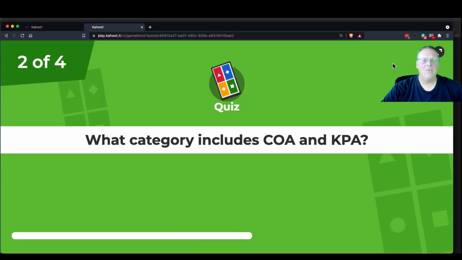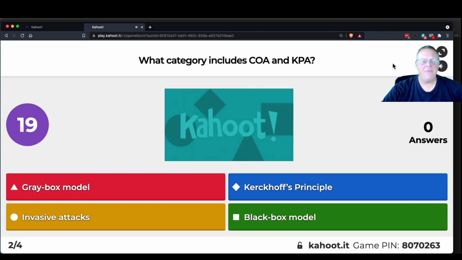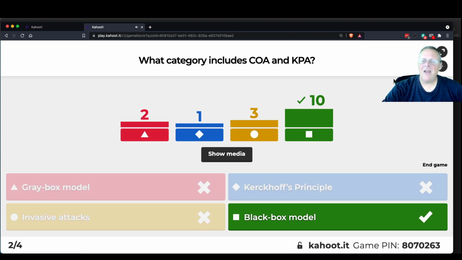All right, what includes COA and KPA? Okay. That's a little tough. Okay, those are black box models, known plaintext and ciphertext-only attacks.